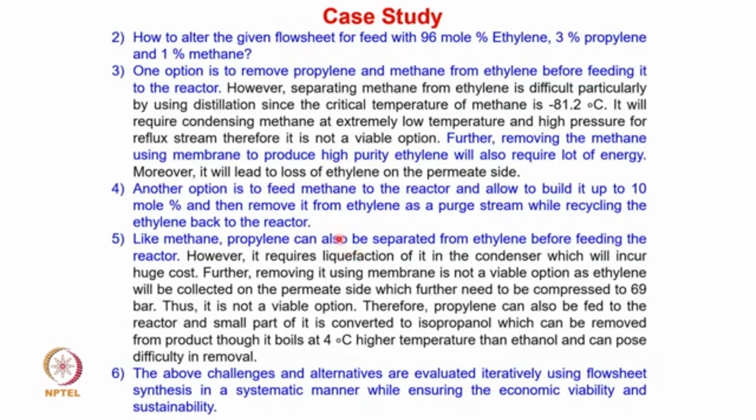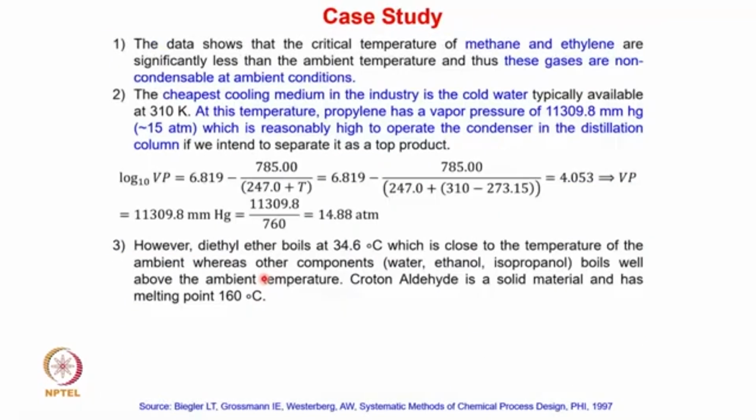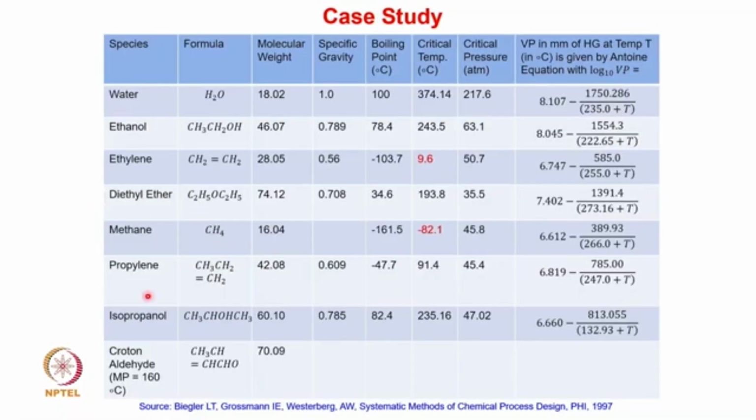Similar to methane, there is another impurity which the feed is having, and that impurity is propylene. Now if we wanted to remove propylene before feeding it to the reactor using a separator, let's say distillation, this is also a costlier option, primarily because propylene has a boiling point of minus 47.7 degrees Celsius.